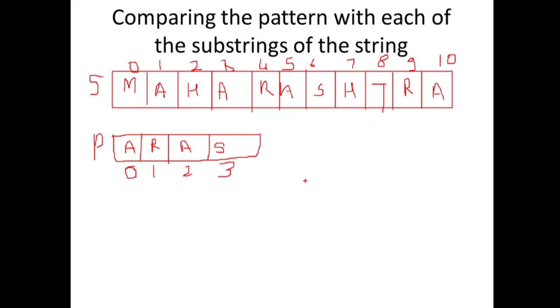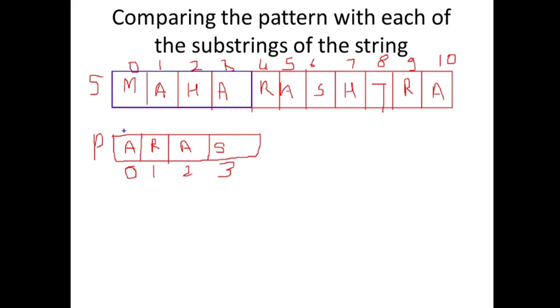Now we are going to find the first substring of the string Maharashtra. What is the first substring? Let me change the color. Let me go for the blue one, and this is our first substring.